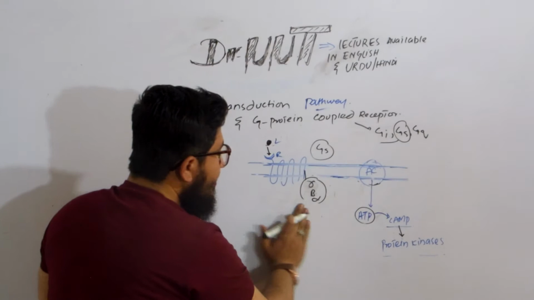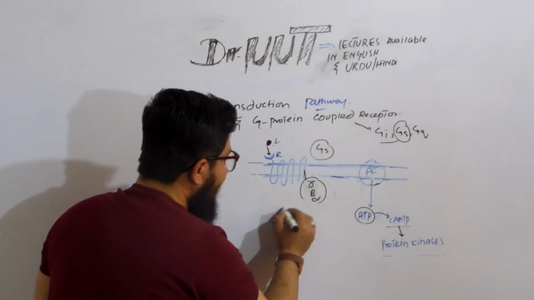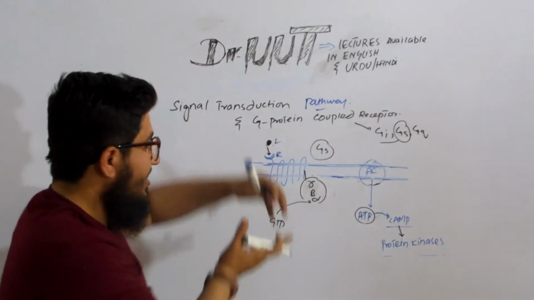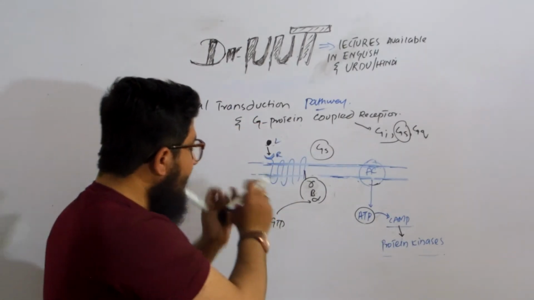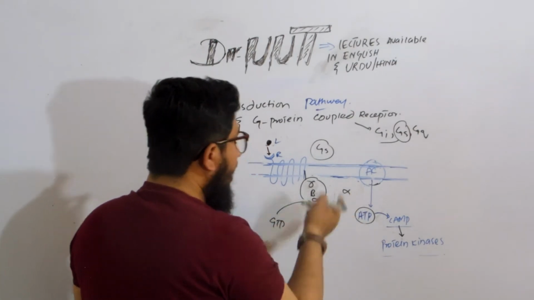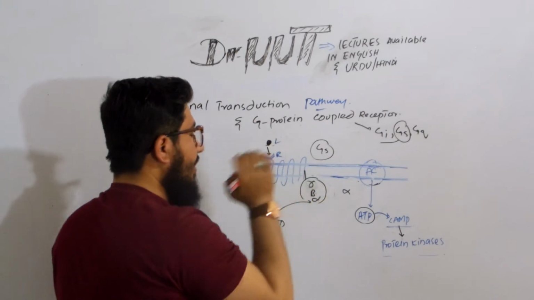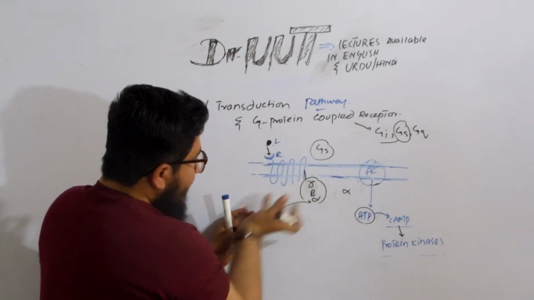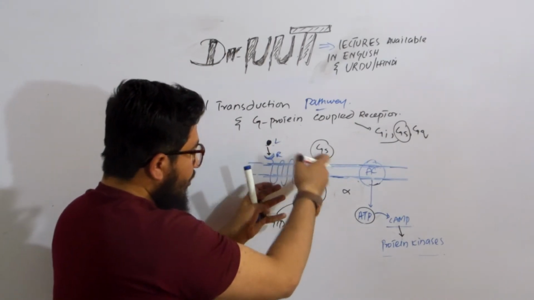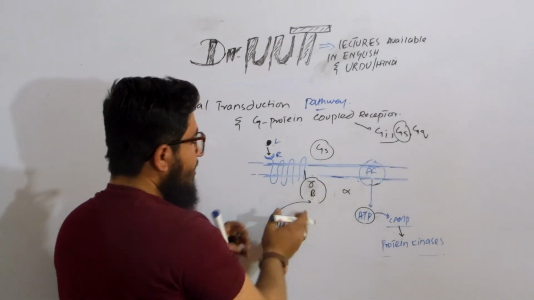This GDP is detached, and here inside the cell GTP is available that will come and bind with this G protein. Now this G protein has 3 subunits, alpha, beta and gamma. This GTP will attach with this G protein, and it will detach the alpha subunit from this G protein.